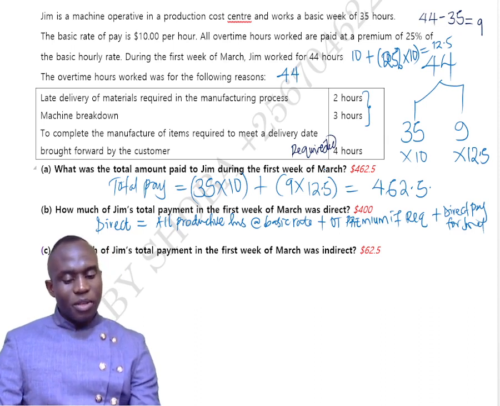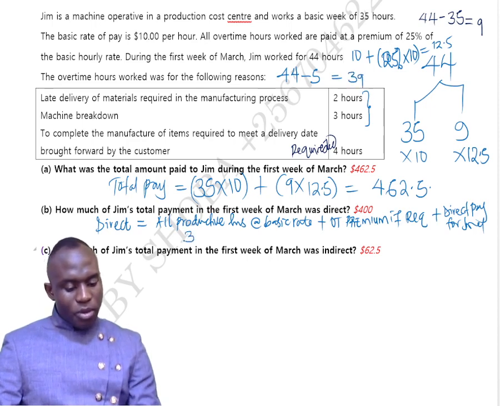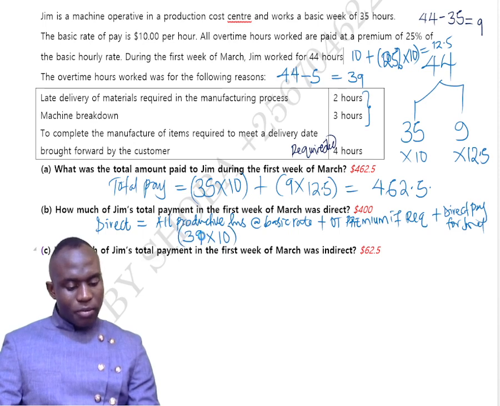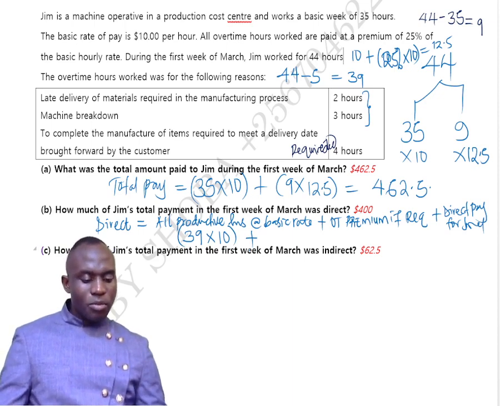Next, the machine had broken down. So it means the active hours were only 39. So this is going to be all productive hours. There were 39, but each hour is paid at $10. Then plus overtime premium if it is requested by a customer.